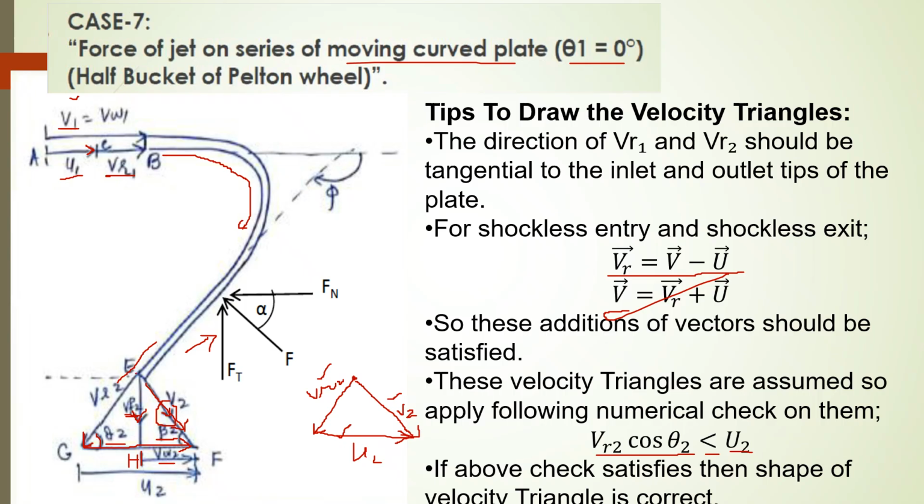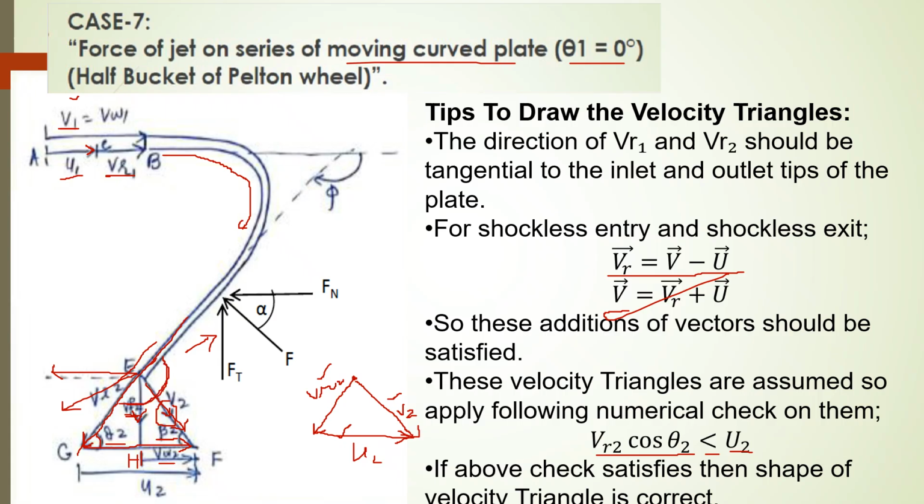We are not expecting this V2 to be placed, or the jet to be going, in this direction. So we have this VR2 inclination as reference. Within this range anywhere your V2 must lie. So the range of V2 is within this quadrant.